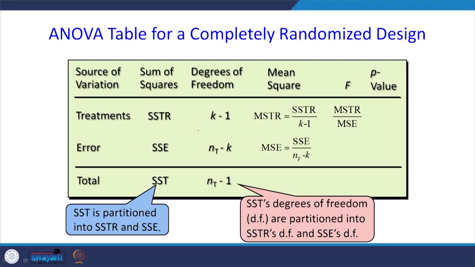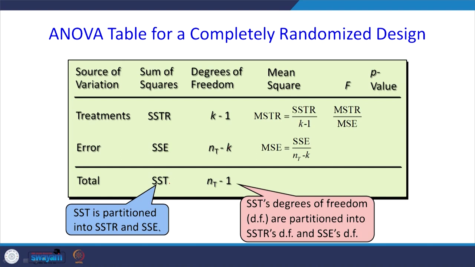Okay. This is the Anova table setup. So, what will be written? Sources of variation. There may be variation due to treatment, and variation due to error. So, the sums of squares are the treatment sum of square and the error sum of square. Here the degrees of freedom is k minus 1, here nt minus k.